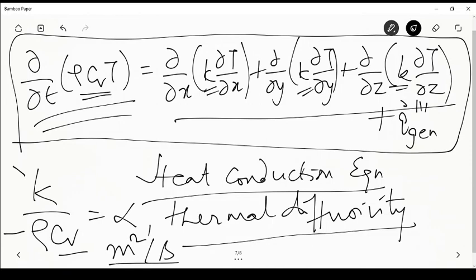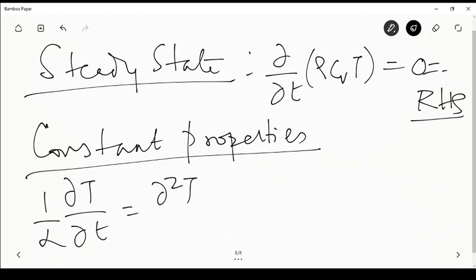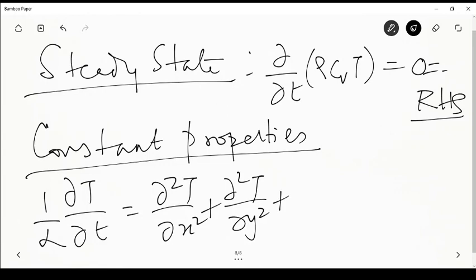So if I use this alpha, then this equation, at constant properties, will look something like this. It will become del T by del t into 1 by alpha equal to del squared T by del x squared plus del squared T by del y squared plus del squared T by del z squared plus q dot triple prime generation divided by k.